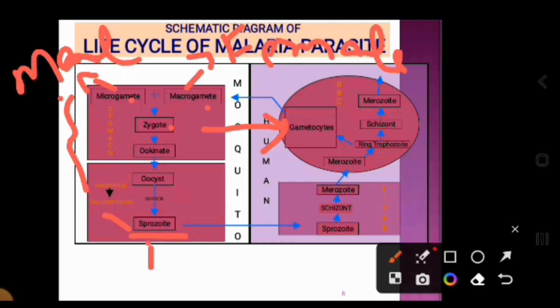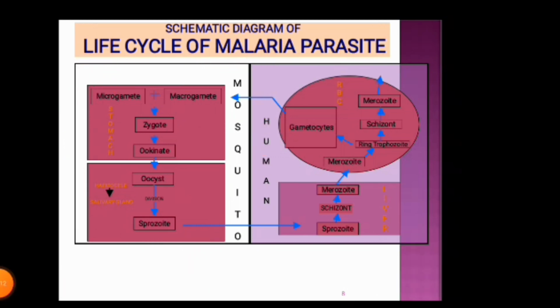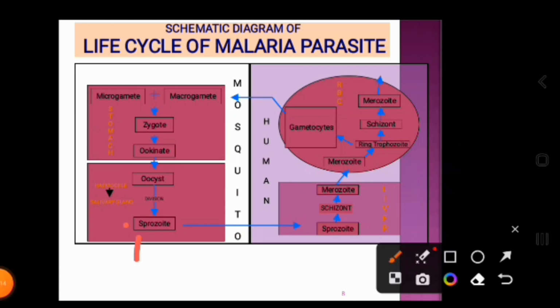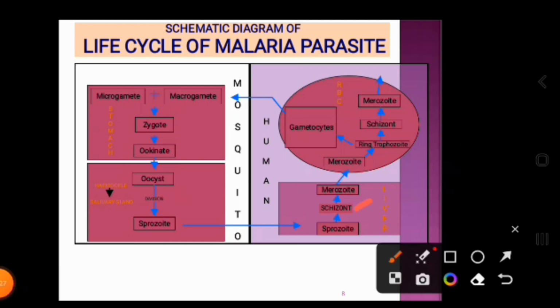Now, another important thing you must recall is that the sporozoite is the infective stage. The infective stage is represented by I, and the schizont, trophozoite and gametocytes are all diagnostic stages.